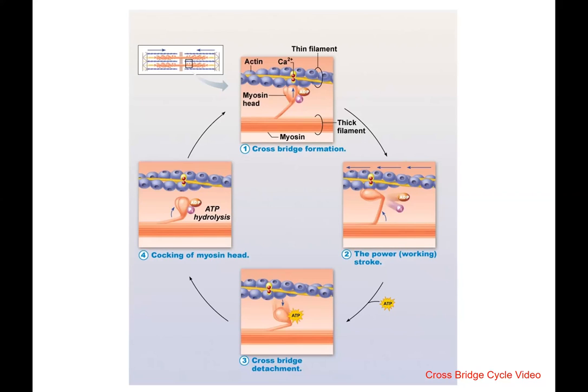So it's like a ratchet. They sort of push, let go, push, let go. They just keep going through this process until the whole sarcomere is shorter. So it's not like a myosin head forms a cross bridge, pushes and lets go, and it's done. It keeps going. So this image is really good because it shows you that this is a cyclical process.